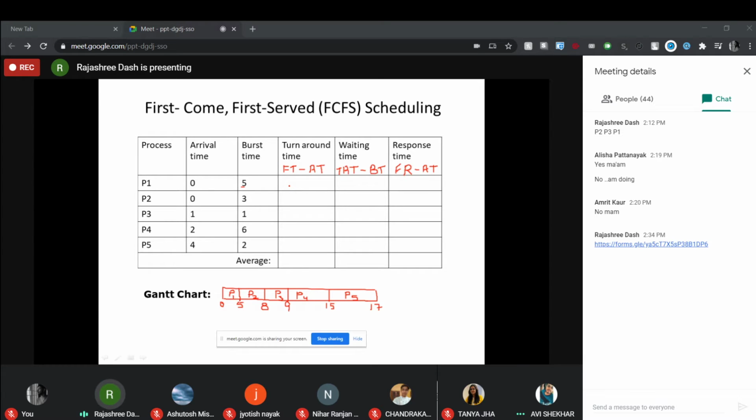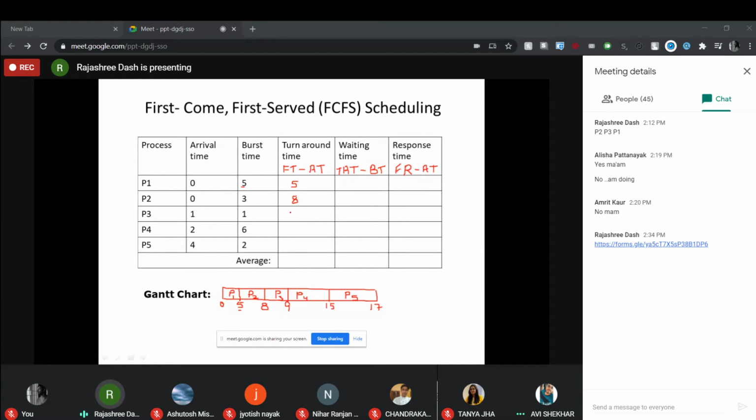What is the turnaround time for P1? 5. P1 finish time is 5, arrival time is 0. So 5 minus 0, that is 5. For P2, 8. Finish time for P2 is 8, arrival time is 0. So 8 minus 0, that is 8. For P3, finish time is 9, arrival time is 1.